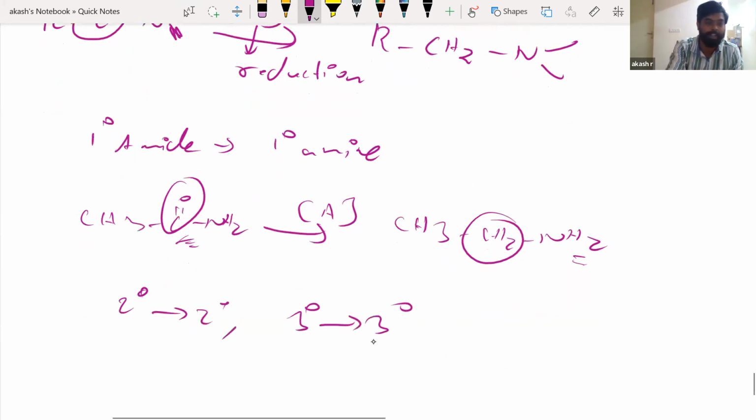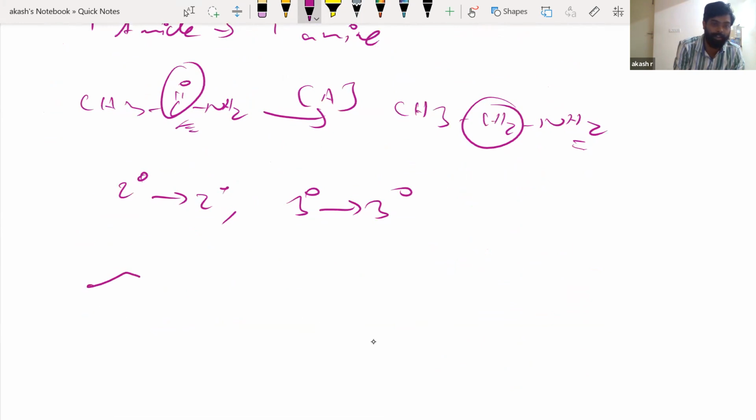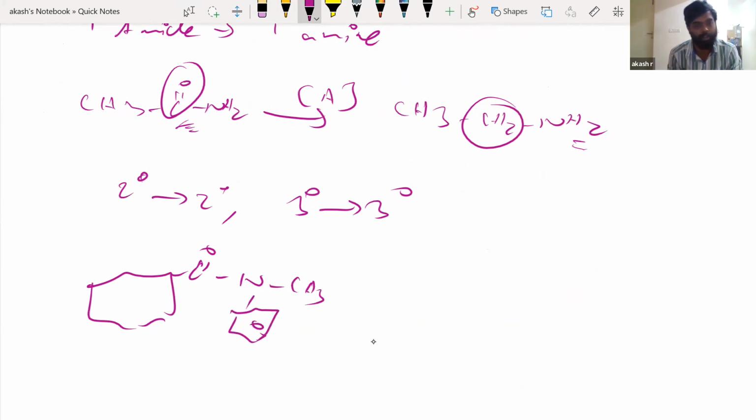Say if at all we want to take an example, we'll take one with a benzene ring. Say we have C double bond O, N, CH3, and a benzene ring, like this.